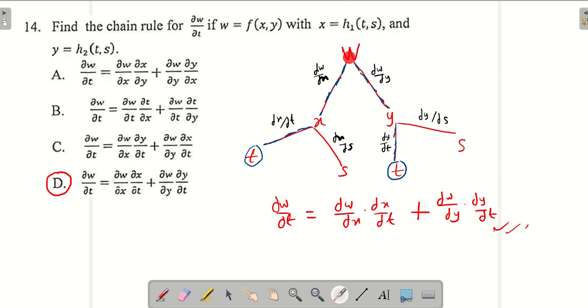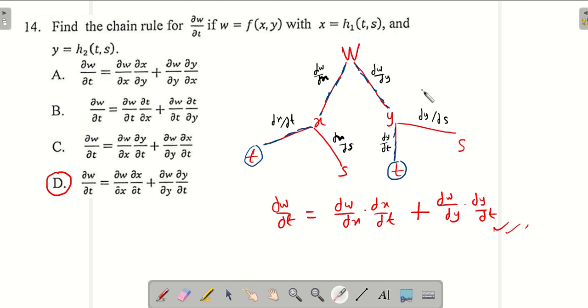You start with the dependent variable, which maps onto the intermediate variables x and y, and the x and y also map onto the independent variables t and s. So from here we can find the partial derivatives: w with respect to x, x with respect to t, x with respect to s, w with respect to y, then y with respect to t, y with respect to s.